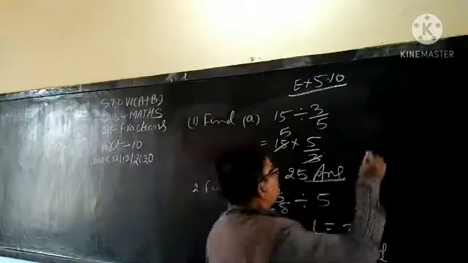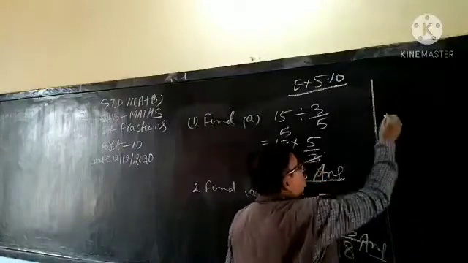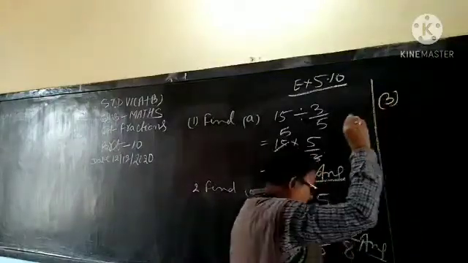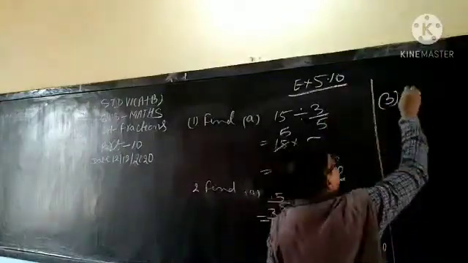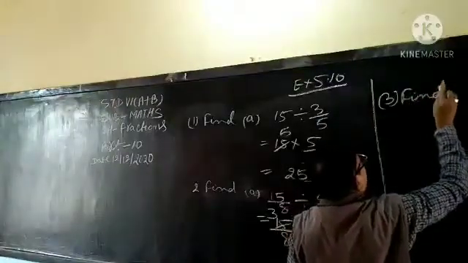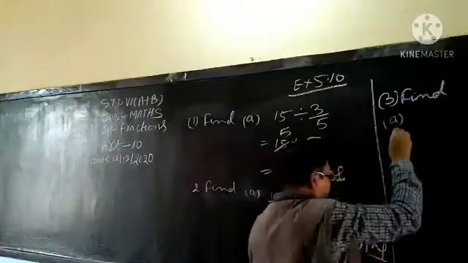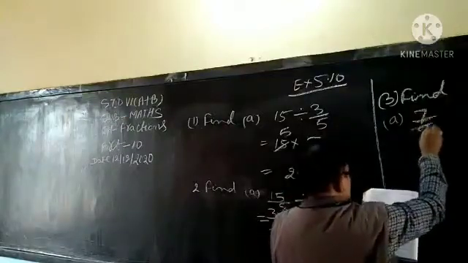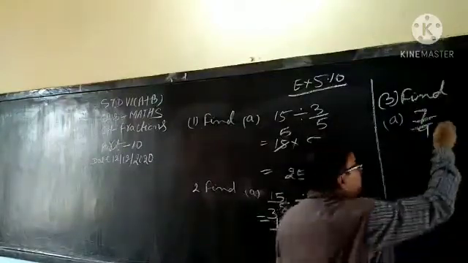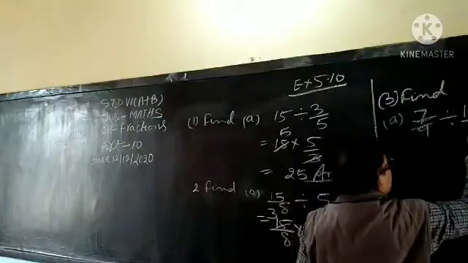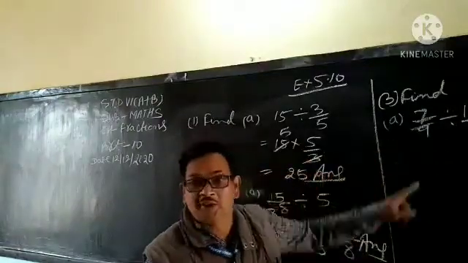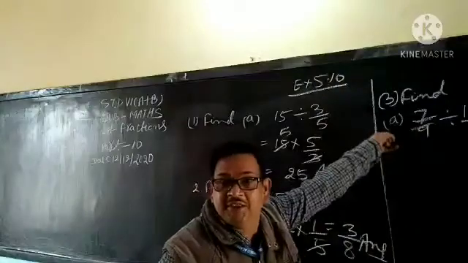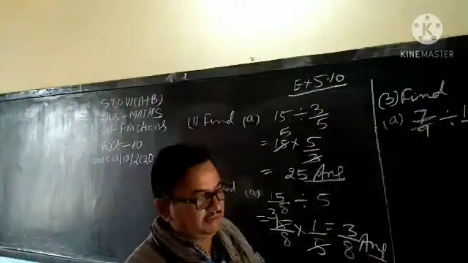Understood? Now question number 3, find A. It is 7 by 9 divided by 14 by 3. My dear student, what will you do? Division will change into multiplication with the reciprocal.